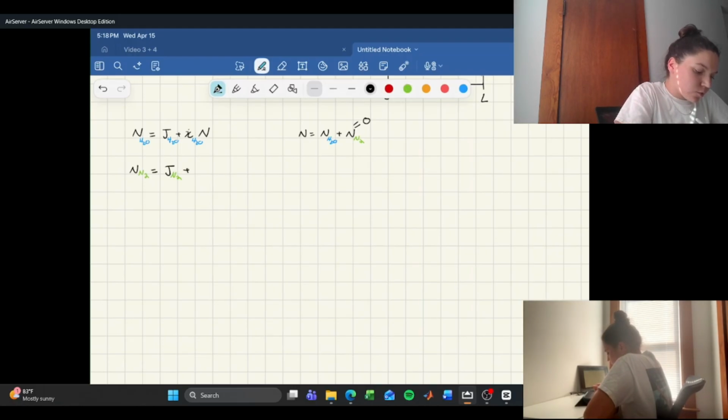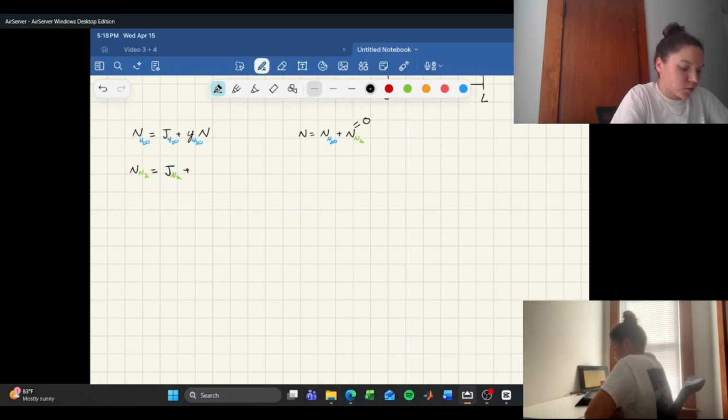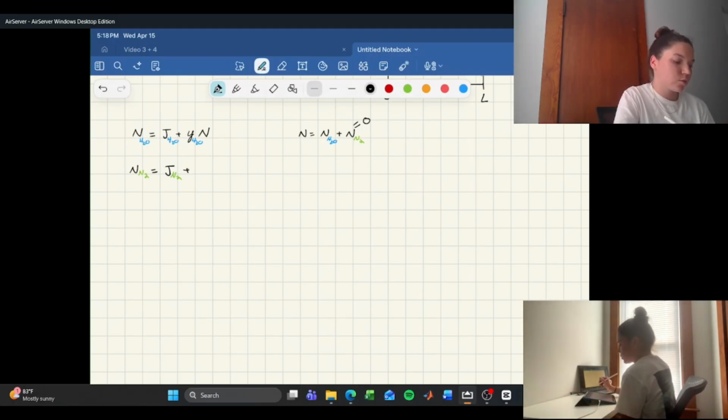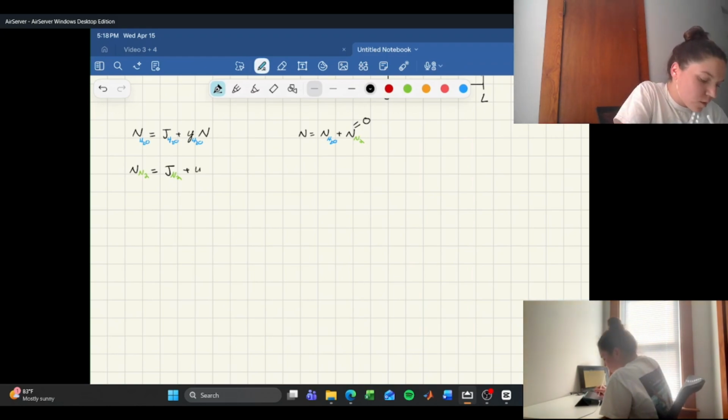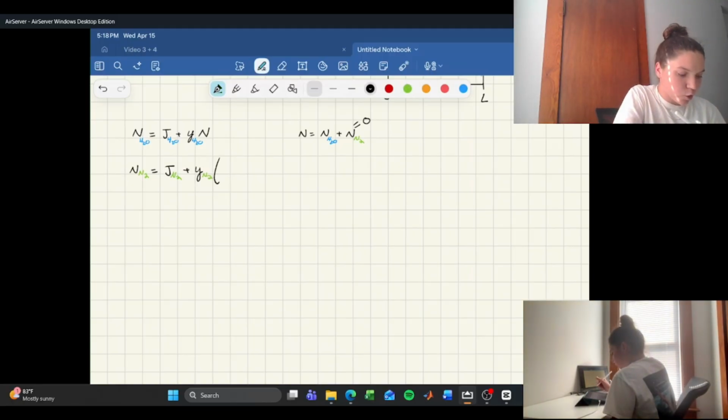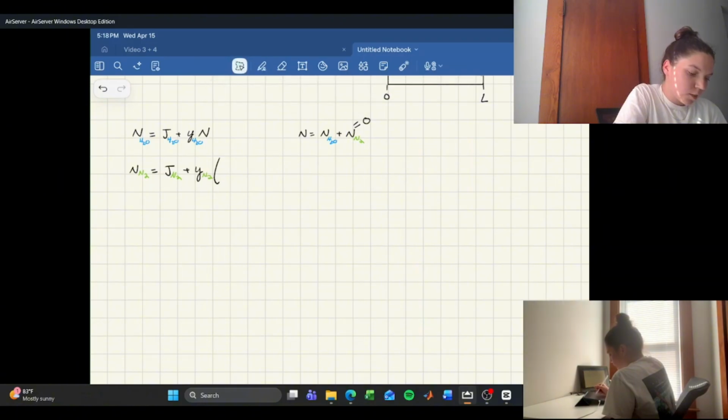This is all in the vapor. So this can be Y instead, because X is used to describe liquids, Y is used to describe vapors. This will be the mole fraction of nitrogen times the overall flux, which we just said here.